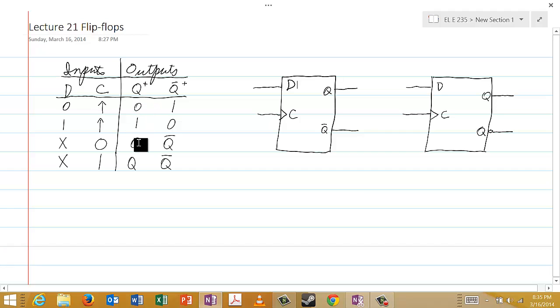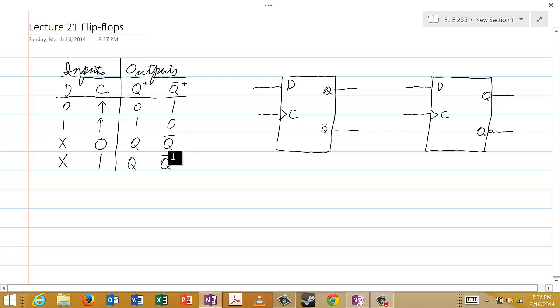The next value of Q will remain as the present value of Q, and the next value of Q complement will remain as the present value of Q complement. And likewise, as long as the clock is constant and equal to 1, it doesn't matter what we do with D. We can switch it back and forth as much as we want. We still have the next value of Q equal to the present value of Q, and the next value of Q complement is the present value of Q complement.